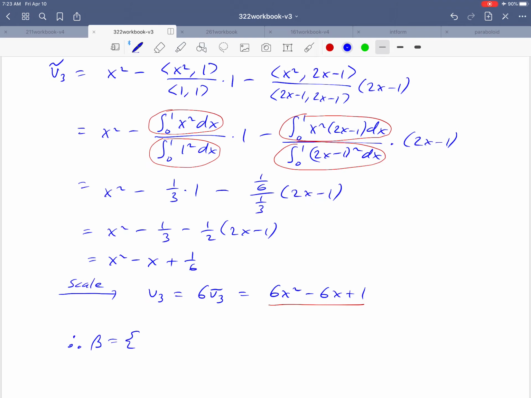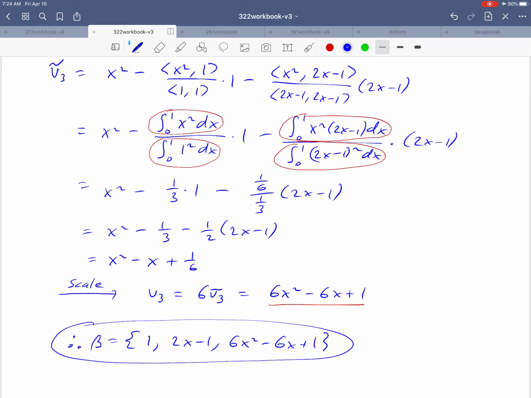Beta equals, and I'm just going to list the 3 vectors, v1, v2, and v3 that we found. Okay, and if we've done everything right, that should be our orthogonal basis.